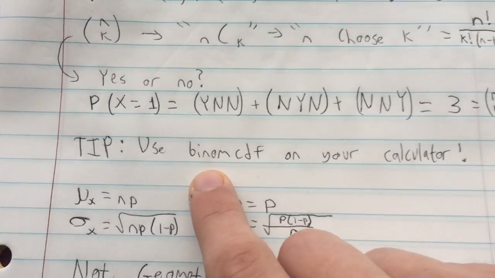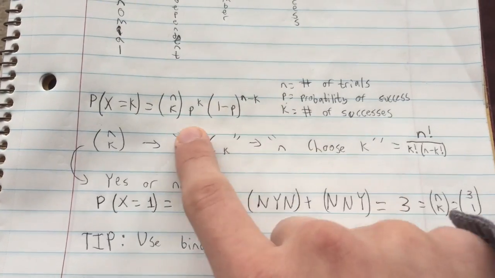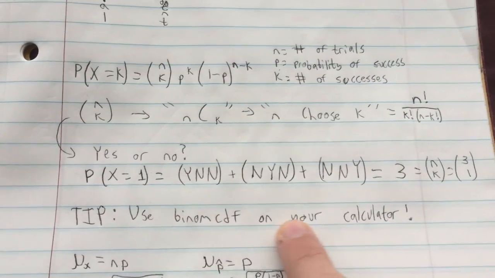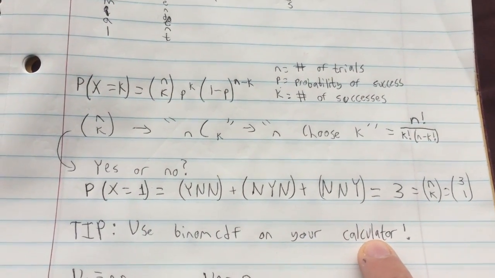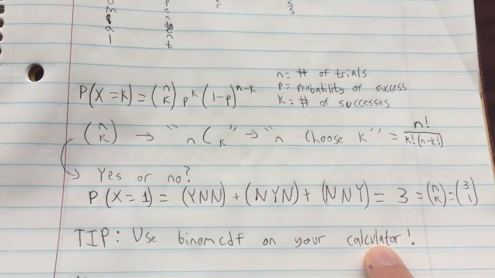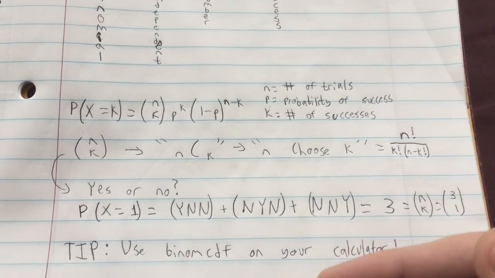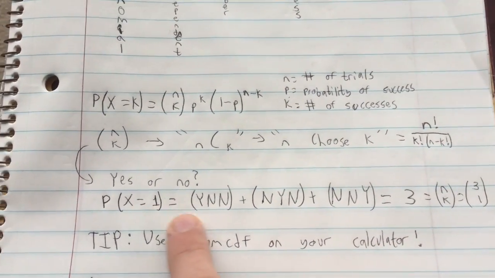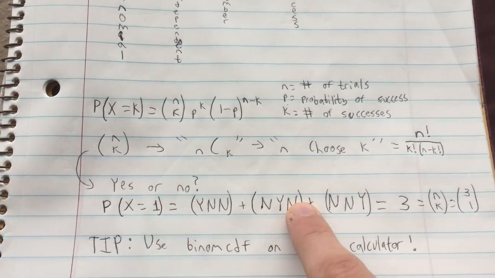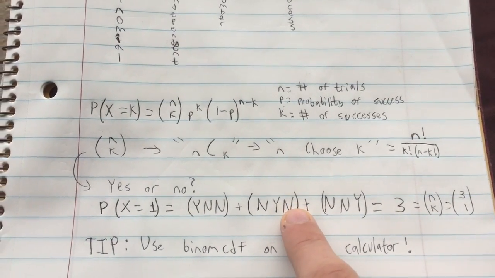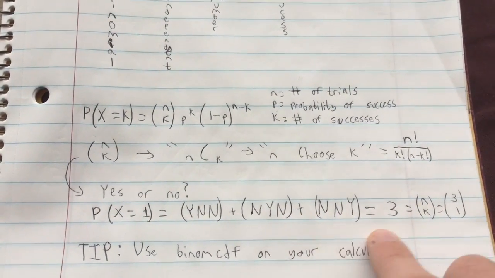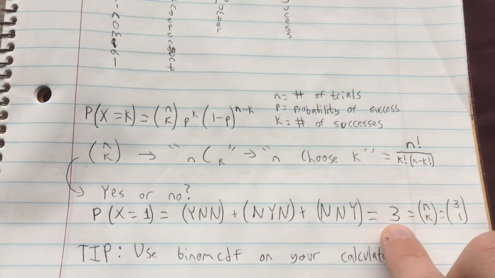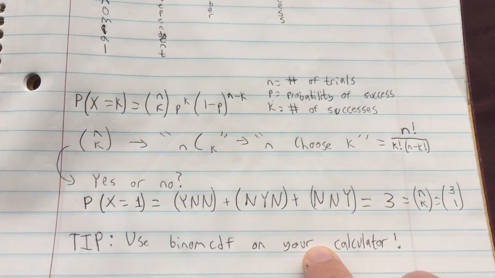Now, a tip is, instead of doing this whole long process for this formula, just use binomial PDF on your calculator, and that'll really help you on the AP test to save time. And if you really feel uncomfortable and you have a lot of extra time on the AP test, you could go about using this method to figure out what nCk actually is. But I would recommend using the calculator for the sake of time.